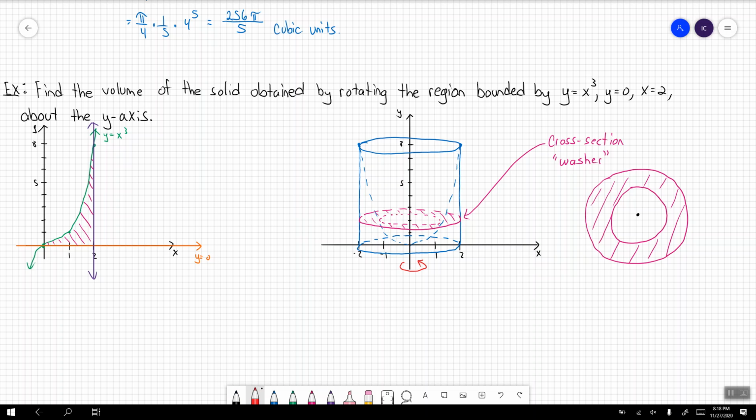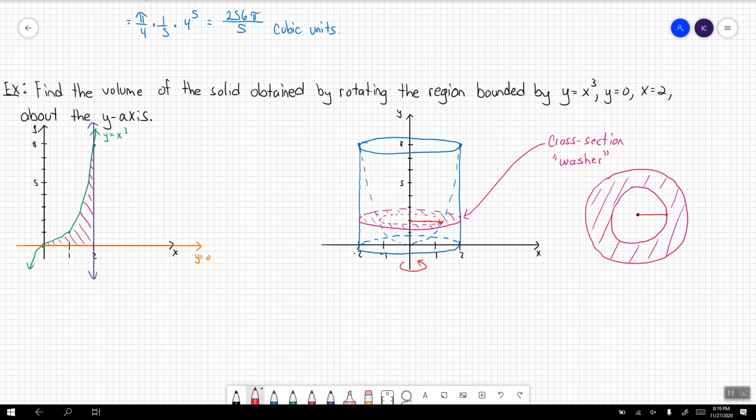And you're going to see that I have two different radii. The first radius that I have is going to be this radius right in here that will be measured from the y-axis to the innermost circle of that washer. So that first radius is right in here, and I need to find out what that radius is.